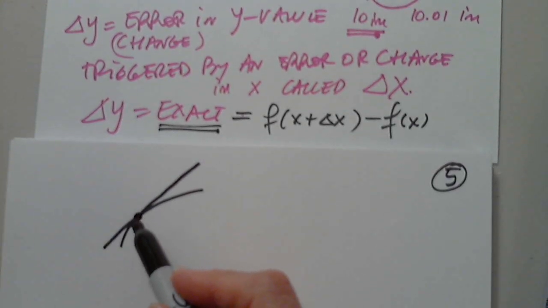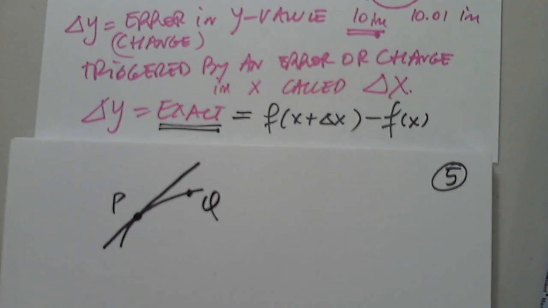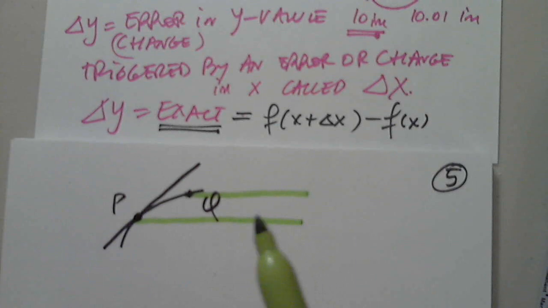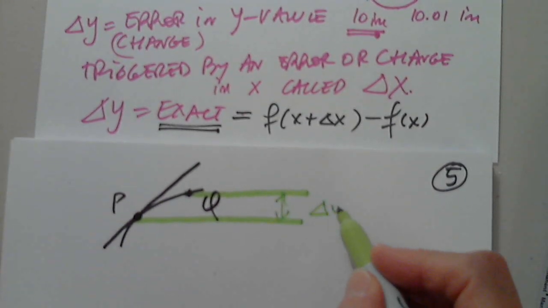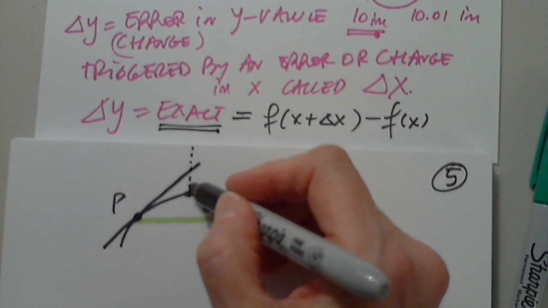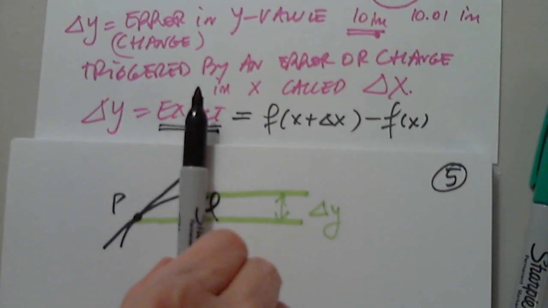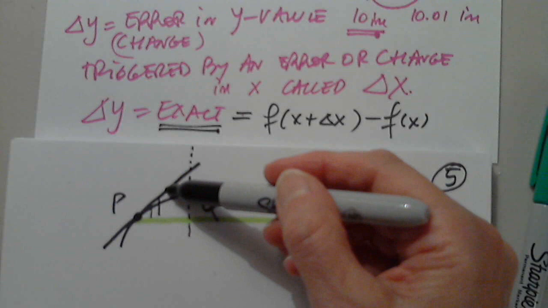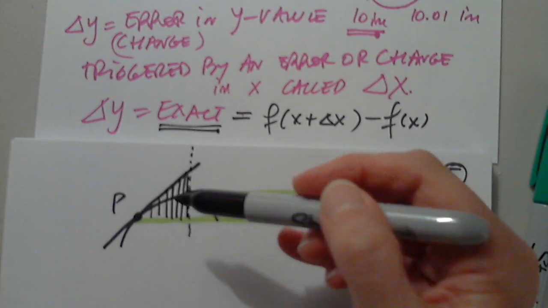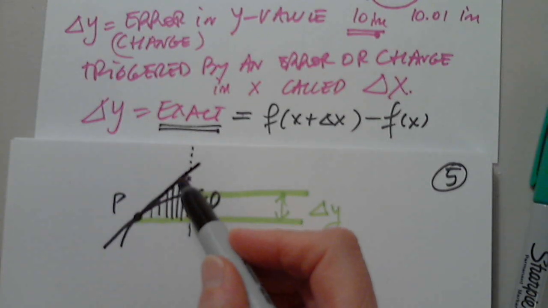So here's the point P, and here's point Q. We already identified that this was delta y. What I'm going to do next is extend this line going through Q. And notice that now I have a right triangle here. This is the tangent line.